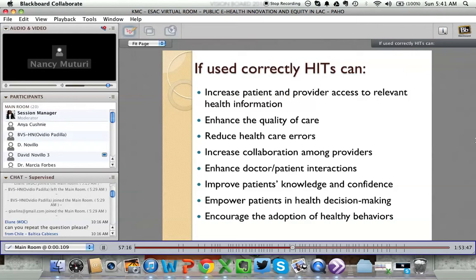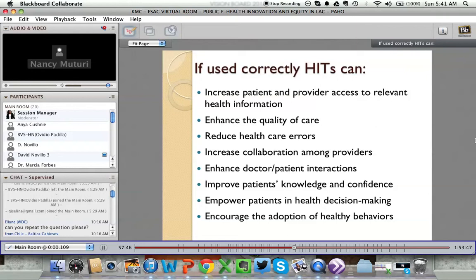In terms of quality of care, HITs or ICTs also enhance it. They do reduce healthcare errors, and I think anybody can give examples of errors where doctors make errors, patients make errors, and those can be eliminated through the use of ICTs, because you can go online and talk to the other person to discuss issues you're facing.